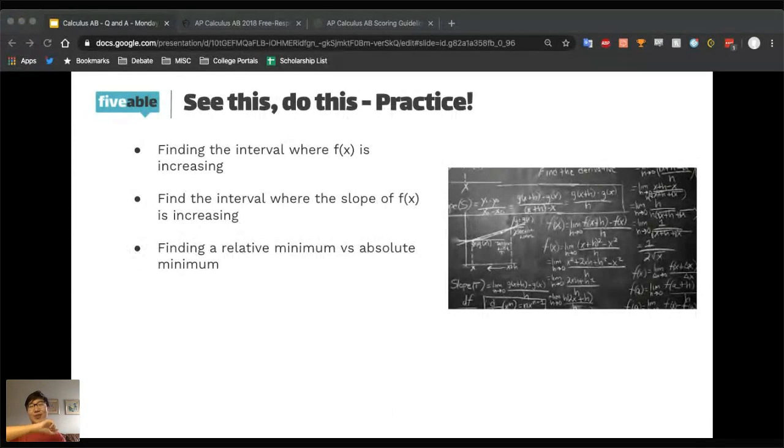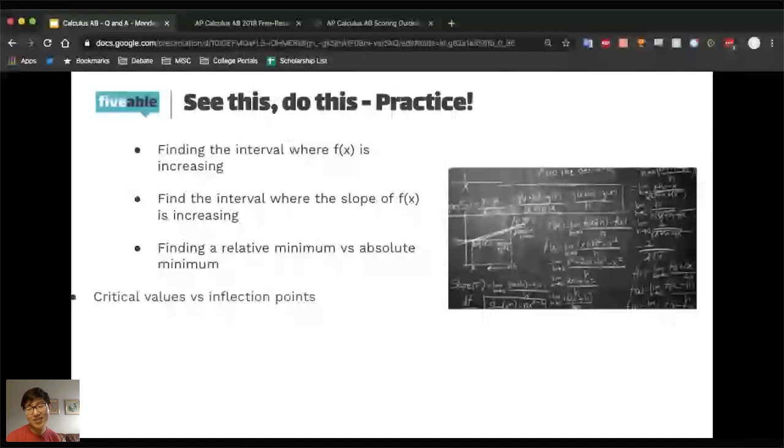For a maximum, the first derivative is positive and then the first derivative is negative. And for minimums, the first derivative is negative and then positive. Yeah, sorry about that. And then for inflection points, remember for concave down, the second derivative is negative and then positive. And for concave up, the second derivative is positive and then negative. Hope that makes sense. Might have spoiled one of these answers now.